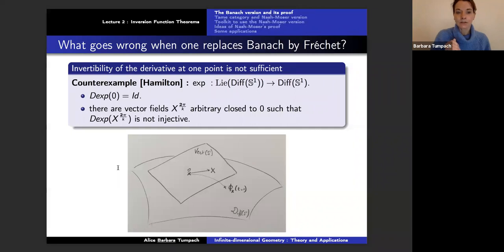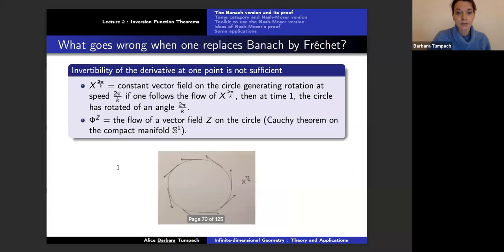At 0, the differential of this map is the identity because it's exactly the vector field. But there are vector fields which are arbitrarily close to 0, such that the differential of this exponential map is not injective. So here the example is the following. These vector fields are constant vector fields with given rotation. I draw them here.